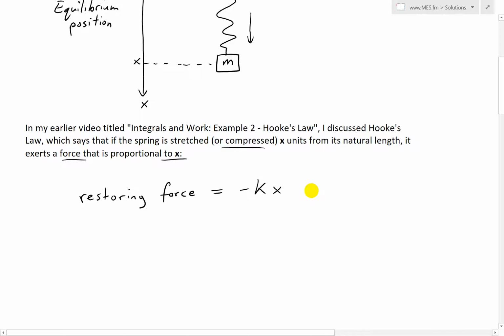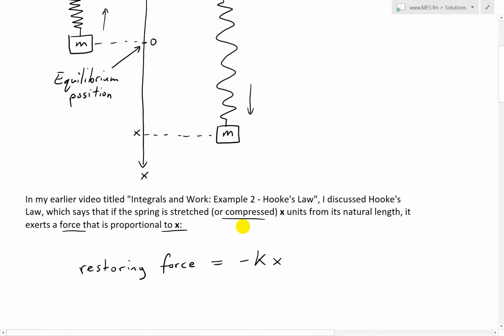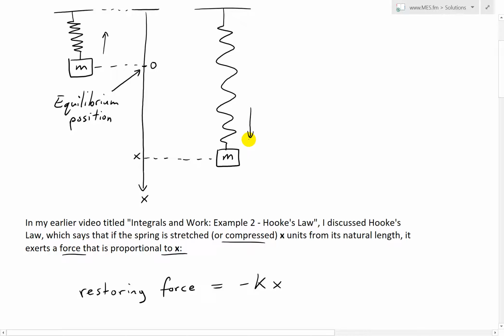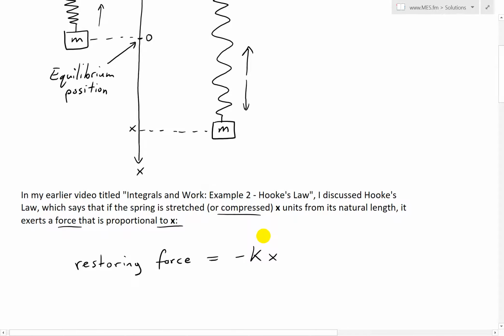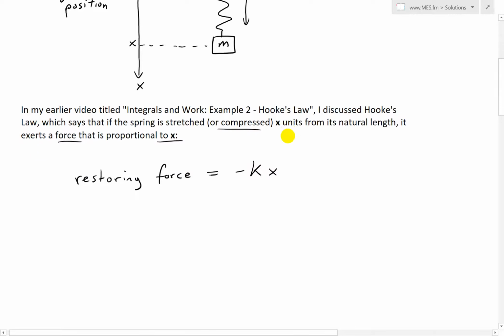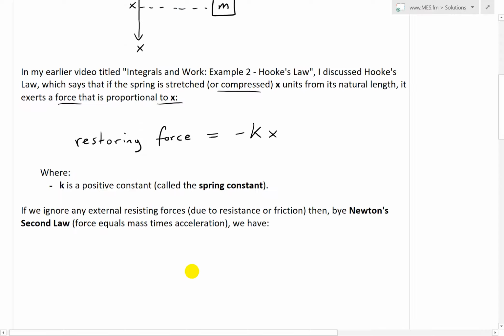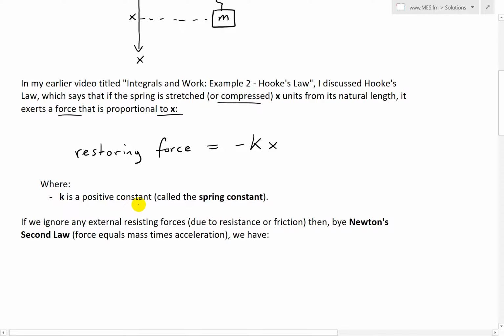The reason it's negative here is because the force is going up. If you're pushing down, there is a restoring force pushing up. That is the negative force. It's basically opposite of the one you're pushing. And again, k is a positive constant, called the spring constant.